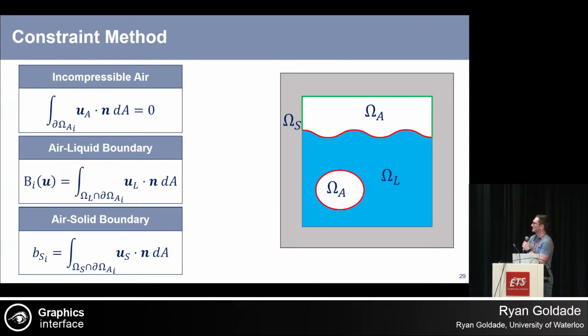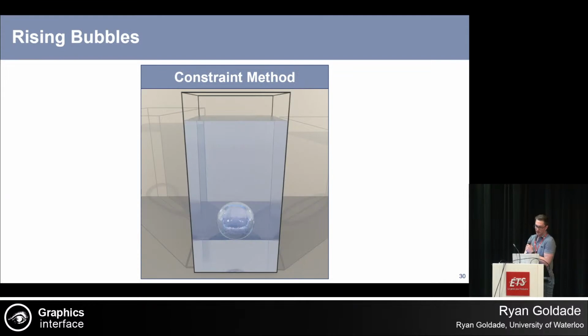Right, so the idea here is that at the air-liquid boundary, we would integrate the velocity in the normal direction, and then we would also integrate the motion of the solid boundary if the solid boundary was moving, which I'll show how this works in a future slide. Right, and that's how we can create that glugging effect. Oh, yeah. And then we can also use it to simulate rising bubbles in water, like this example.